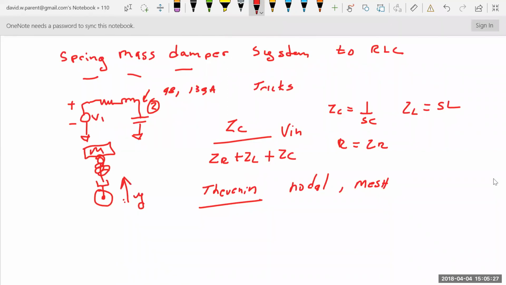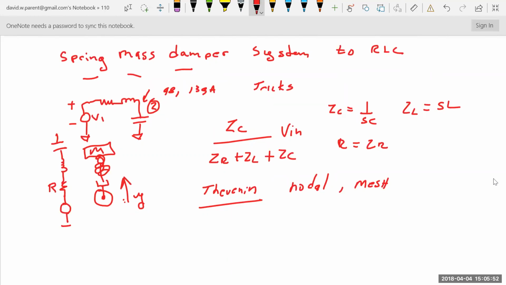Why? Well, the damper is the resistor. The spring is the inductor, and the mass is the capacitor.